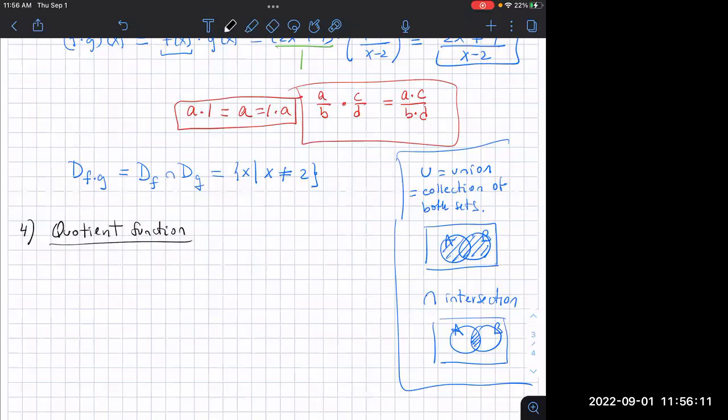The quotient function is the function obtained by dividing. Now you don't really divide, you make a fraction of two functions. You don't divide in the sense of long division or 60 divided by 3. So usually you leave it as a fraction.